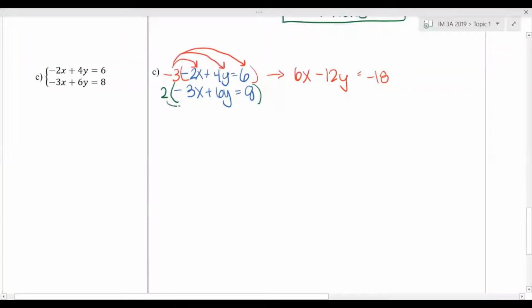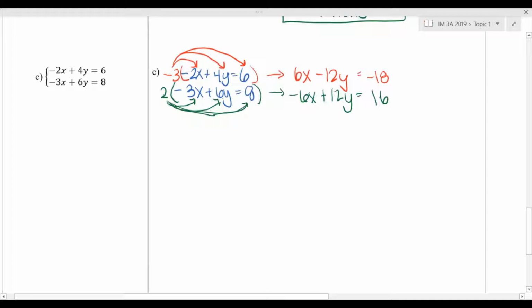For the second equation, as I distribute the 2, I get a negative 6x. And then 2 times 6y is going to give me plus 12y. So we should notice something happening here that happened last time. And then 2 times 8 gives us a positive 16.